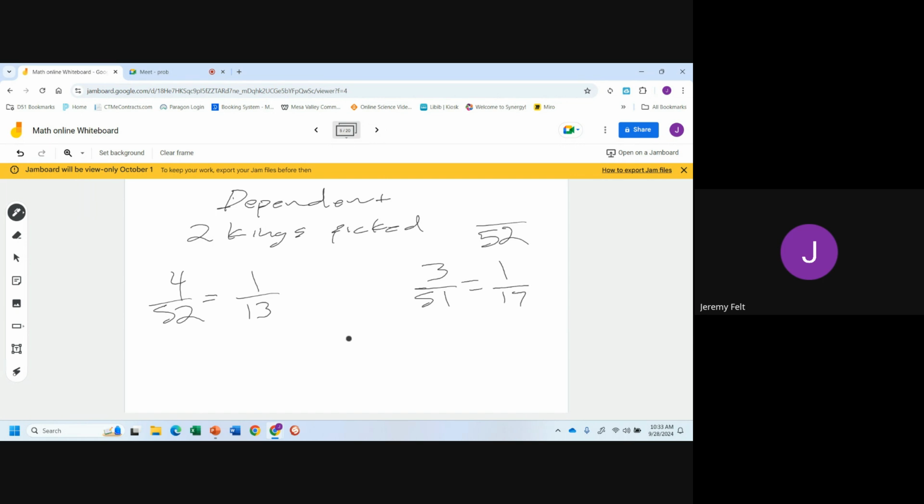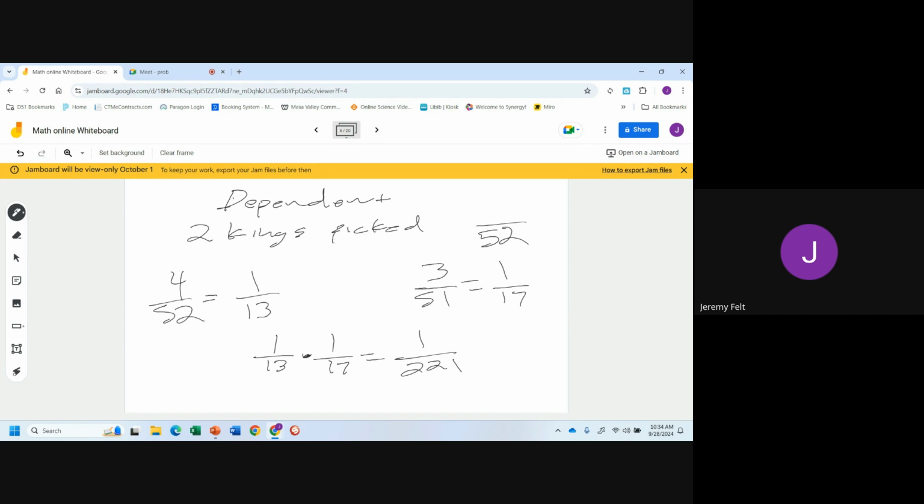So now the probability of drawing 2 kings at the same time, or 1, keeping it out, and then drawing the second one is not 1/13 times 1/13, but 1/13 times 1/17, which gives me 1/221.